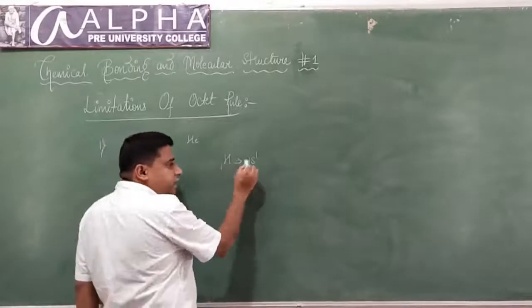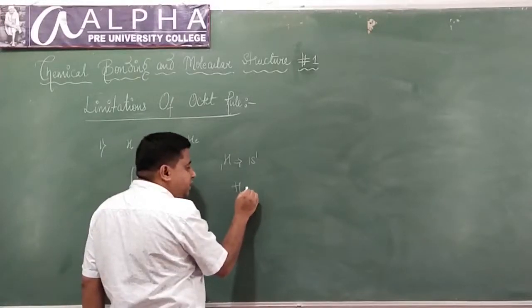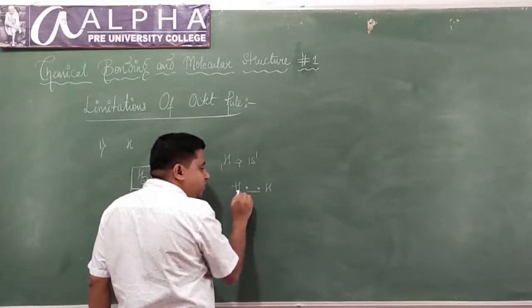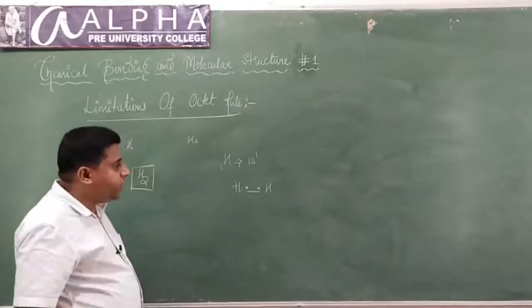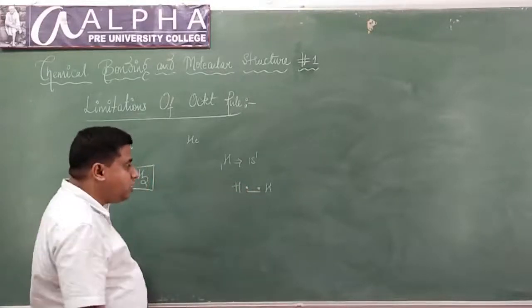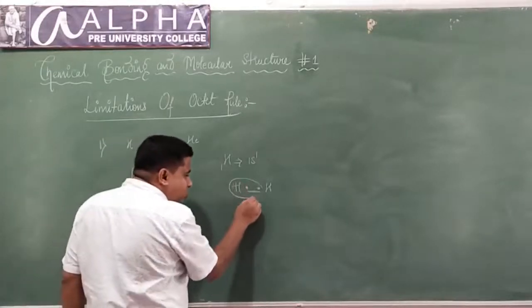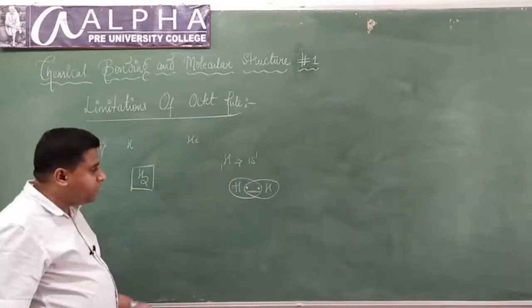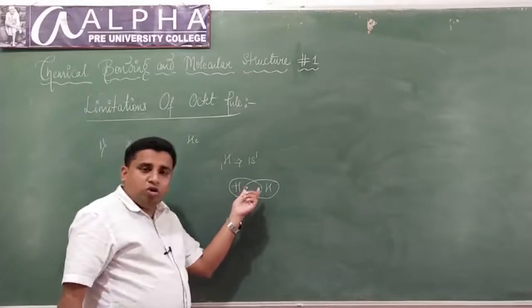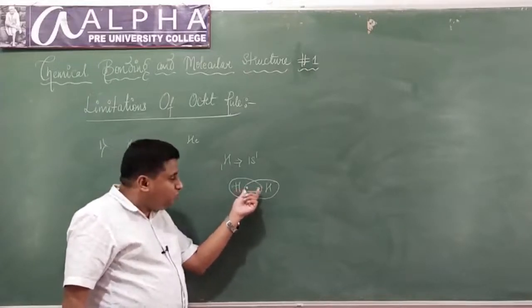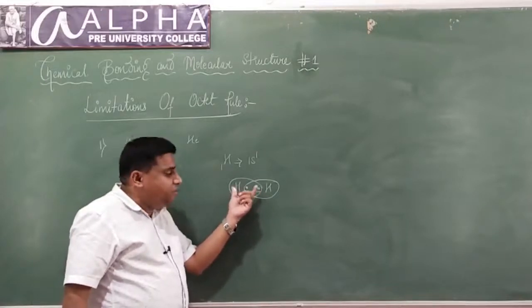Now hydrogen has 1 electron, so one hydrogen will share 1 electron, the other hydrogen will share 1 electron, and a bond is formed between the two hydrogen atoms. These 2 electrons belong to this hydrogen and also to the other hydrogen. That means the 2 electrons are shared equally between the 2 atoms.